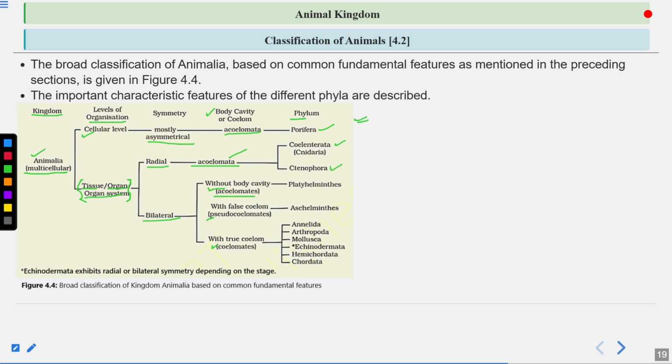Now bilateral, you see three different categories on the coelom: acoelomate, Platyhelminthes; pseudocoelomate, Aschelminthes. Coelomate and bilateral symmetry, we have Annelida, Arthropoda, Mollusca, Echinodermata, Hemichordata, and Chordata, right?